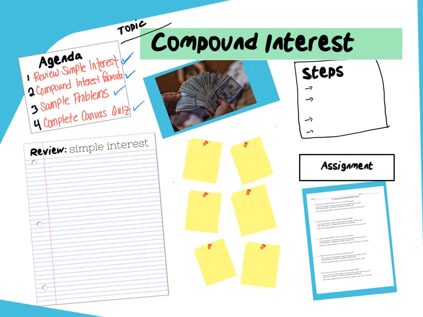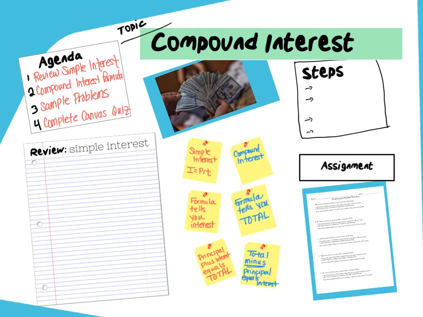So for starters, let's do a quick review of simple interest. If you remember, our formula for simple interest is I is equal to PRT.